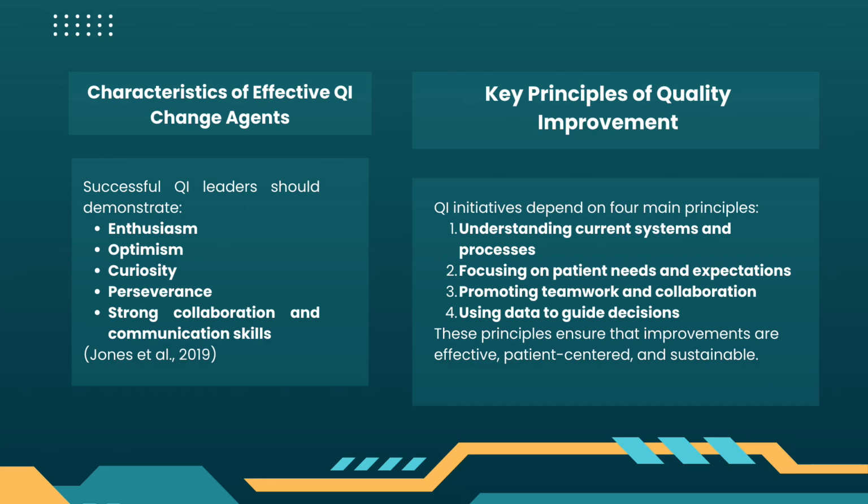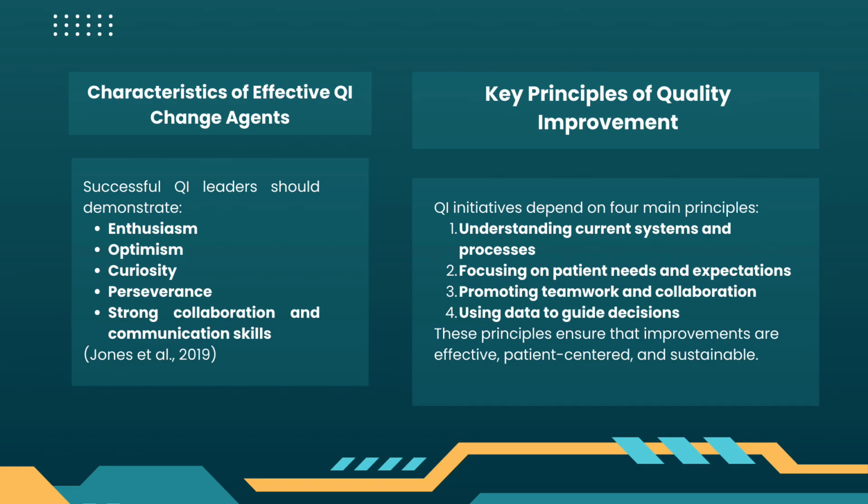So, each member po or the QI leaders should demonstrate the following characteristics. So, they should be enthusiastic po with the project, optimistic, curiosity, para po ma-explore nila yung mga possible na change or improvements, and then perseverance, strong collaboration and communication skills.